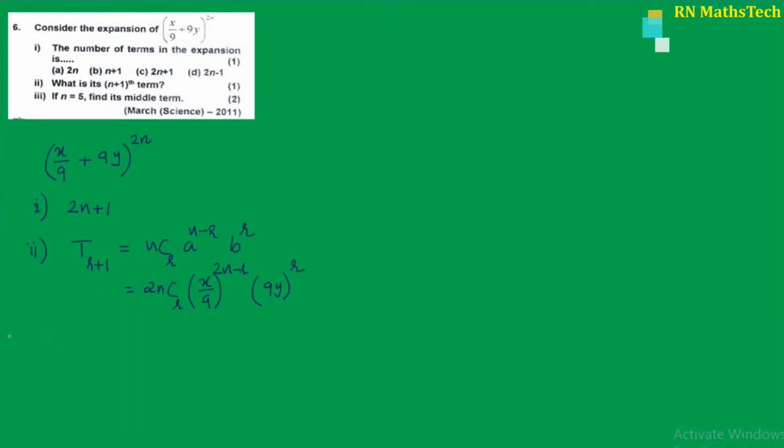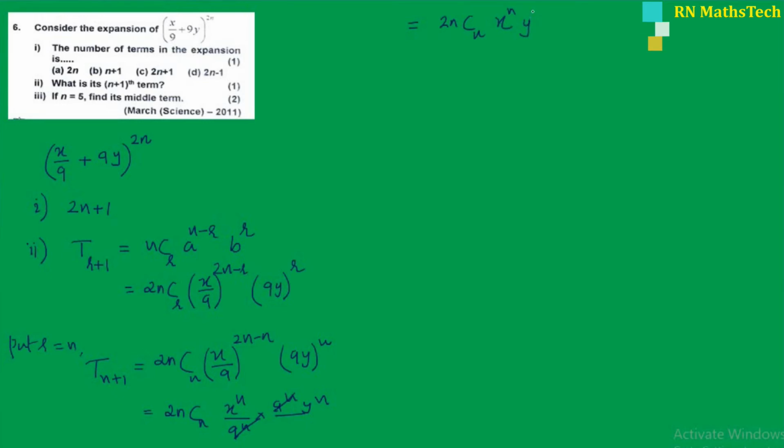So to find the (n+1)th term, put r = n. Giving r = n, T(n+1) = 2nCn (x/9)^(2n−n) (9y)^n, which is 2nCn x^n/9^n × 9^n y^n. So 9^n gets cancelled, and it is equal to 2nCn x^n y^n.